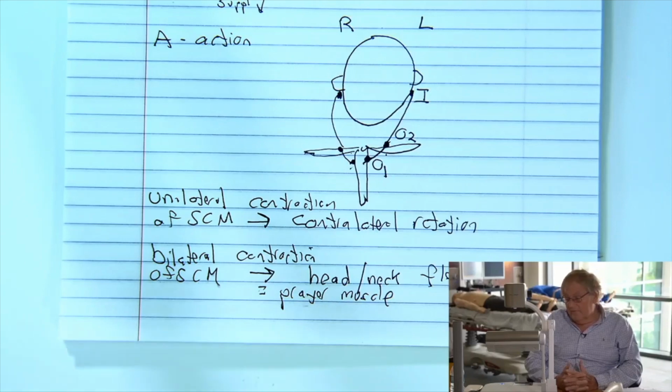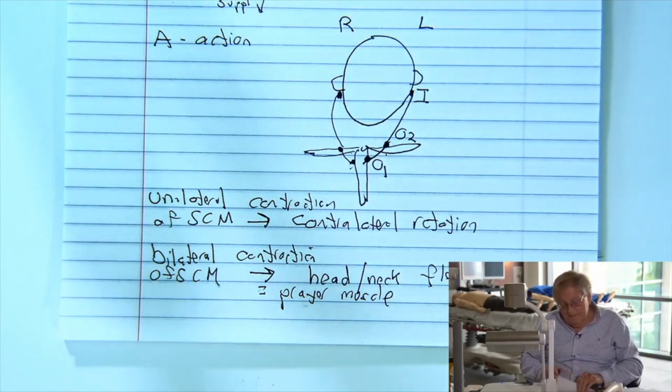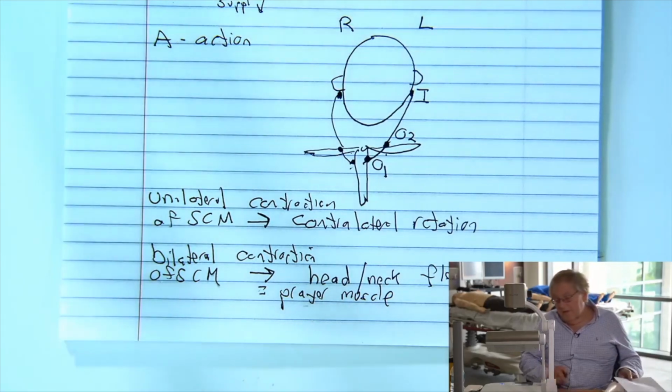When I use my right sternocleidomastoid muscle, it pulls my head to the left. When I use both of my sternocleidomastoid muscles, the right and the left, it's going to cause my head to flex, head or neck flexion. That's a bilateral contraction.